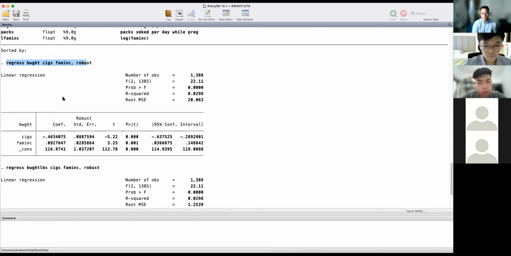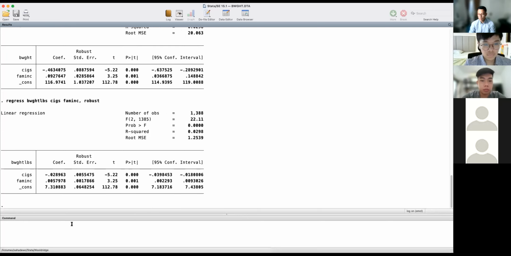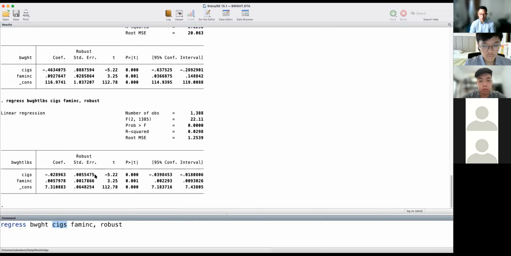So instead of regressing on the number of sticks, we want to regress it on the number of packs. We're going to run the same model, but instead of regressing on the number of sticks, we're going to regress on the number of packs. Okay, and so let's do the regression.